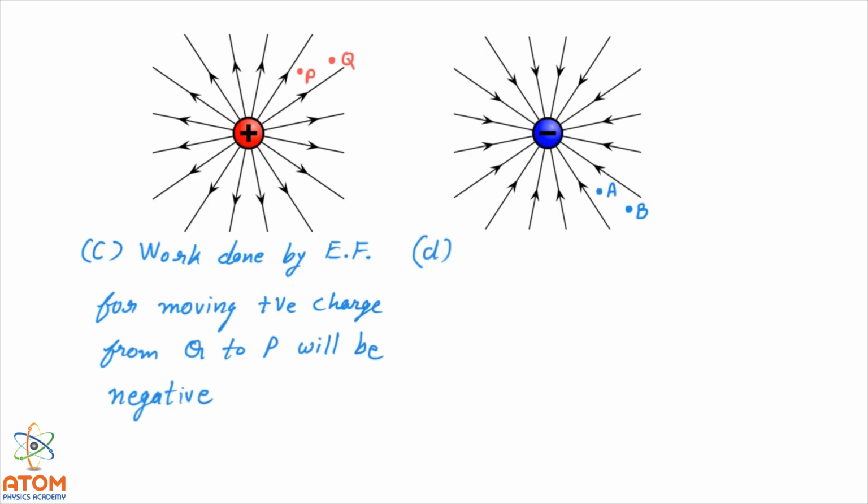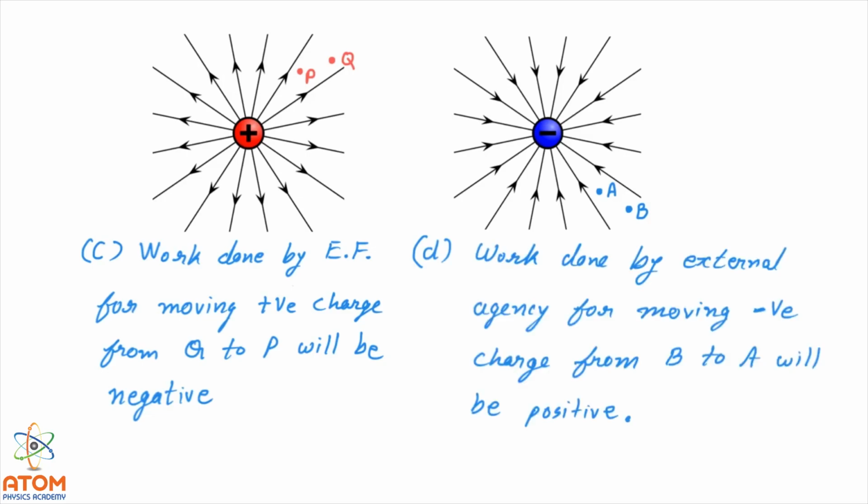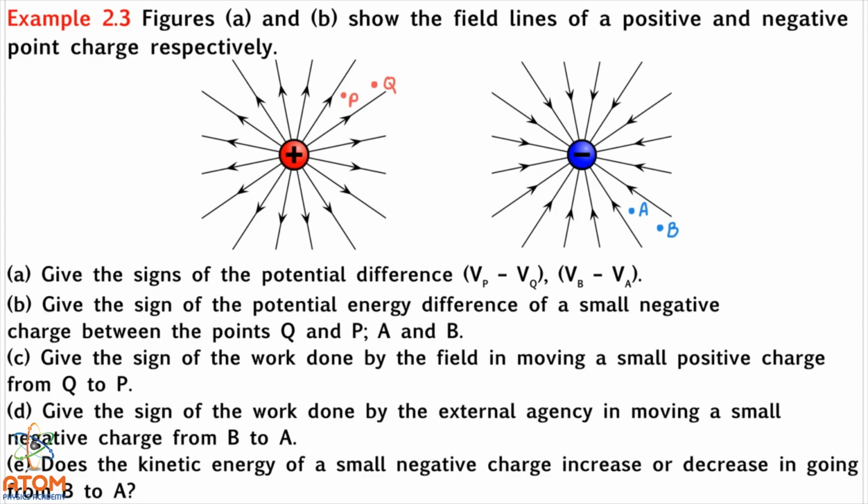That means we have to do some work by an external force or say external agency while moving from B to A. So obviously that work will be positive. So I'll put here that the work done by the external agency for moving a negative charge from B to A will be positive.